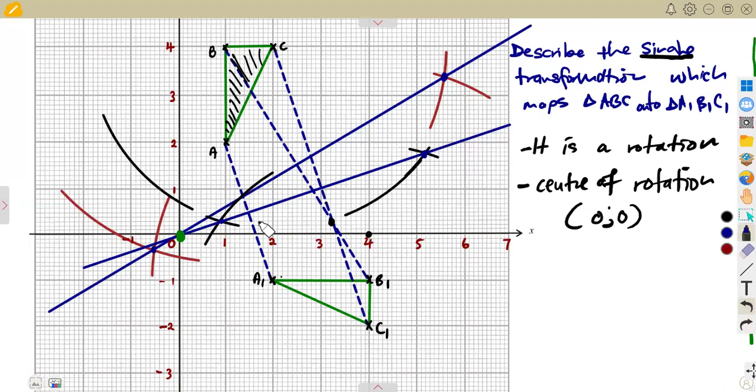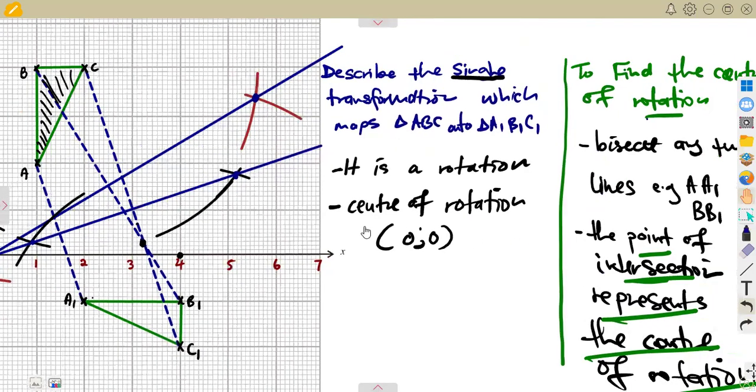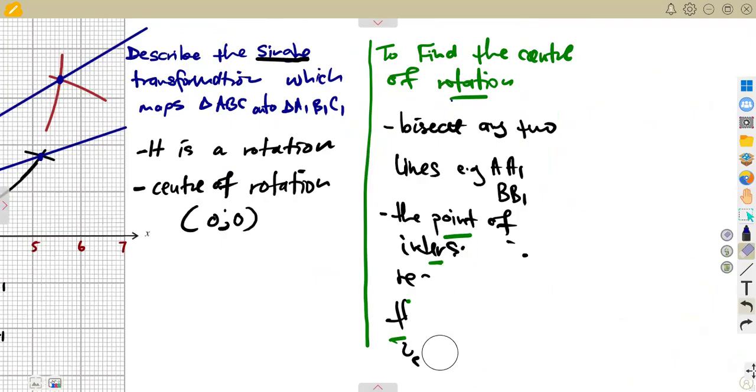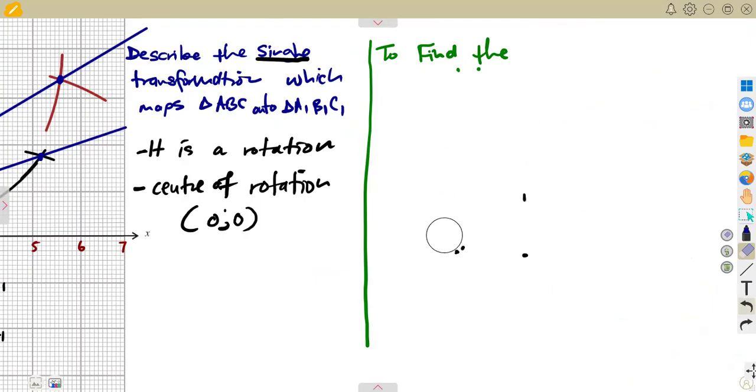So to determine the angle, this is what you're going to do. This was to find the center. Let's talk about the angle now. So to find the angle, this is what you're going to need.